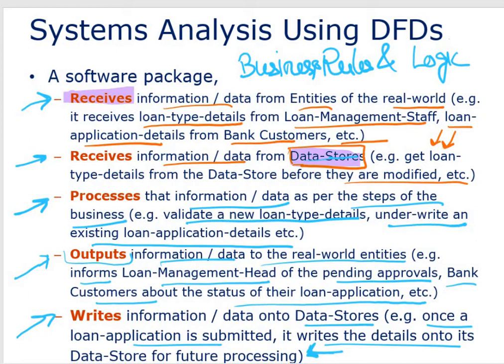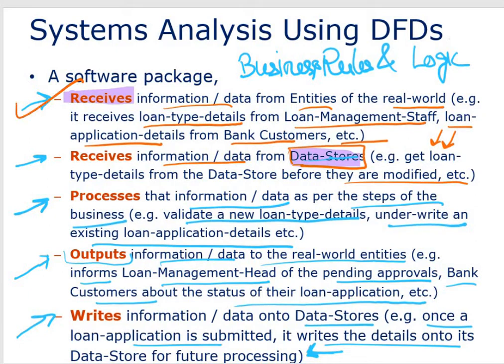So these are the basic purposes of my software package, for which I need to come up with the application in order to automate it. Before that, I need to come up with the diagrams as well.